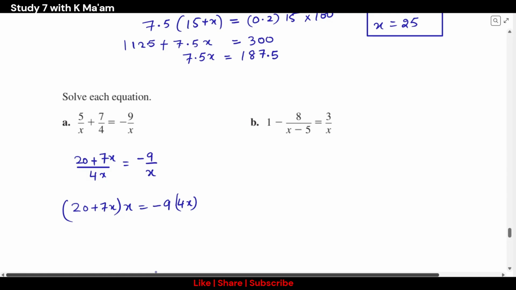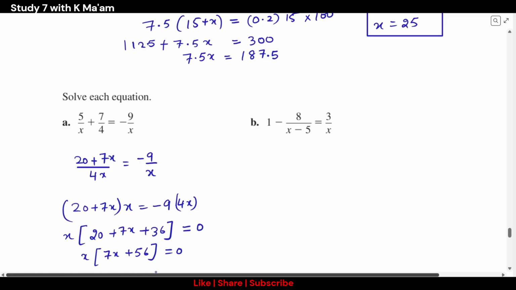Or before dividing, we can shift everything to the left side and take x common. 20 plus 7x plus 9 fours are 36 equals 0. x as it is, 7x plus 56 equals 0.